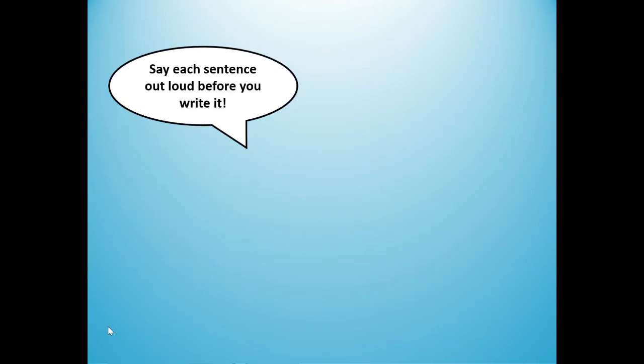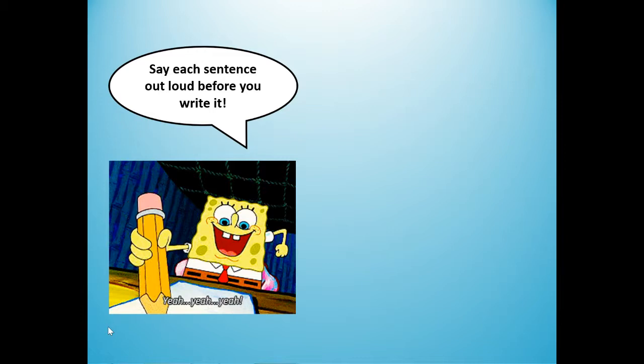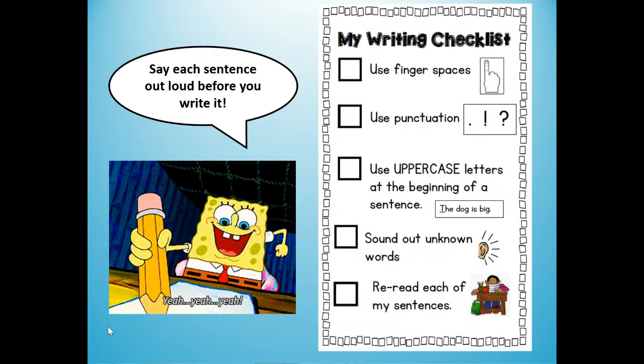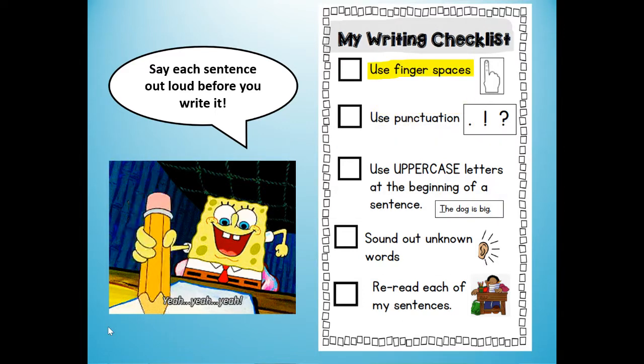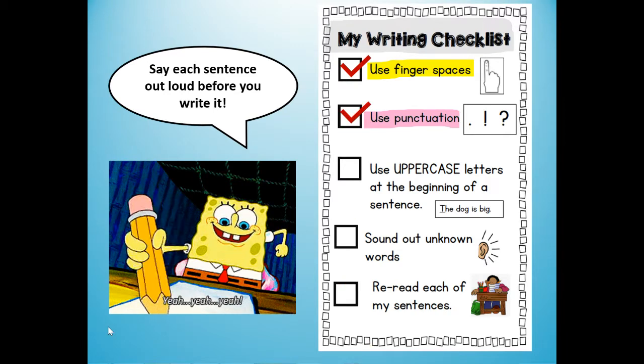All right, let's review. I want you to remember to say each sentence out loud before you write it. And we're going to use this writing checklist to help us as well. My writing checklist: you're going to use finger spaces between your words when you write. Make sure you use punctuation like periods at the end of each of your 3 sentences.